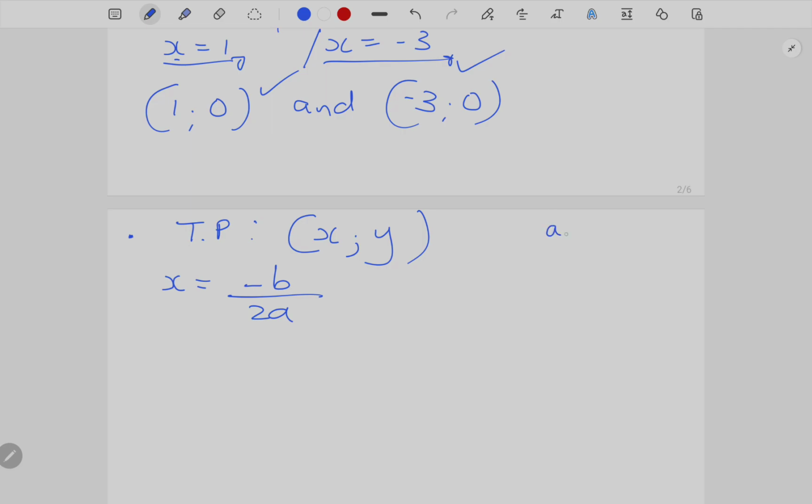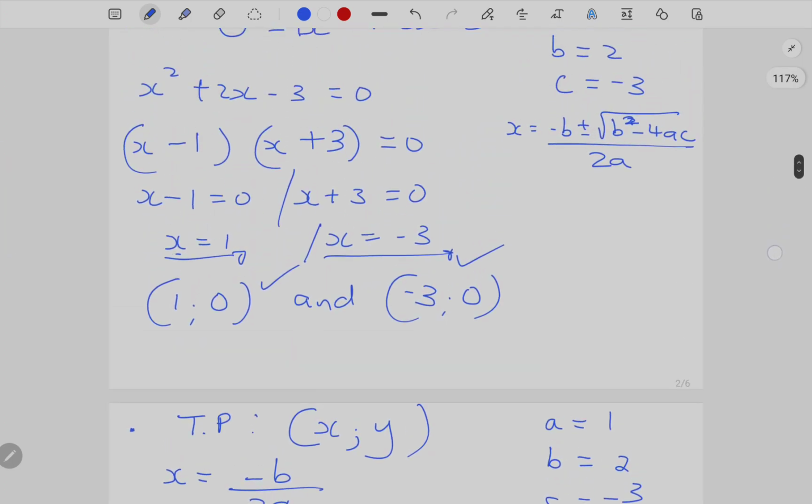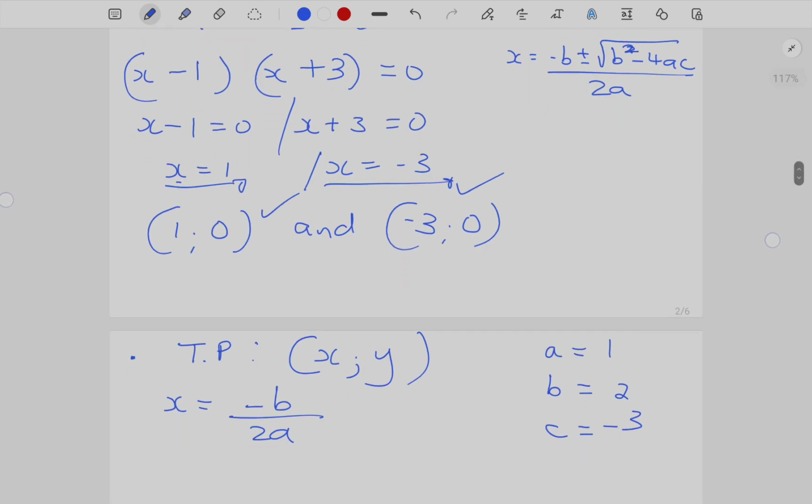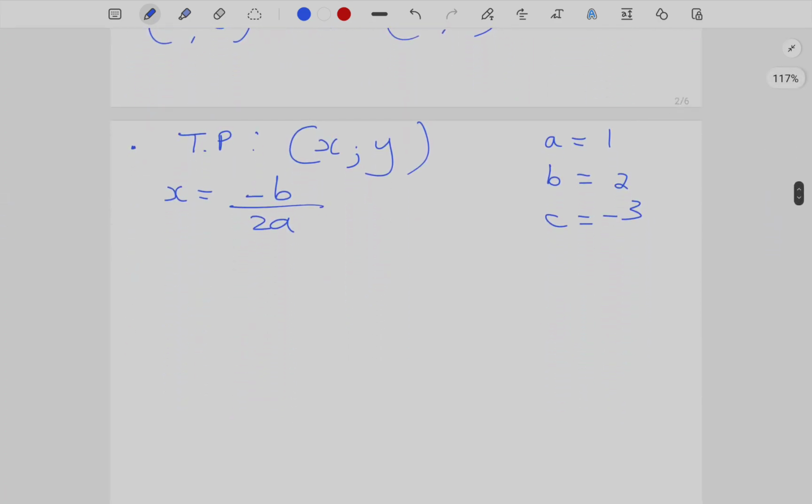Remember, we said our a is equal to 1, b is equal to 2, and c is equal to -3. But we only want the value of a and the value of b. So x is equal to minus bracket, what is the value of b?